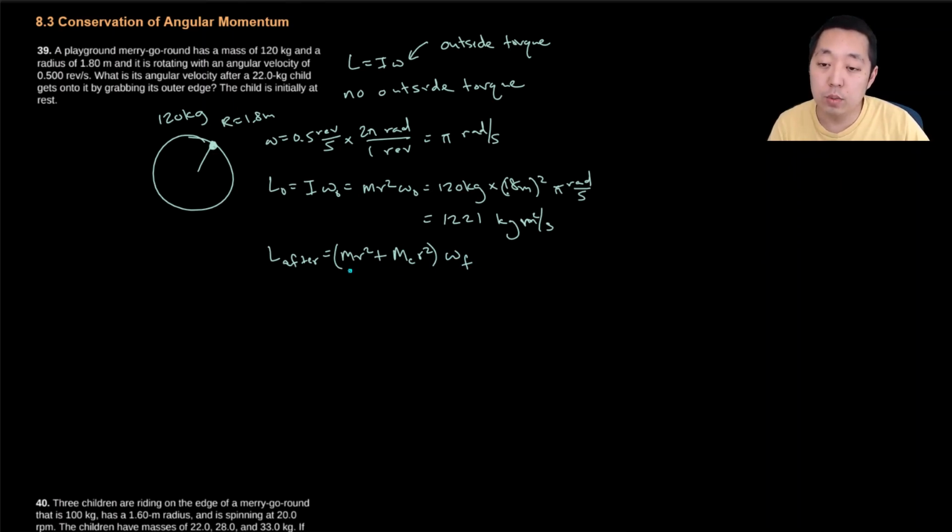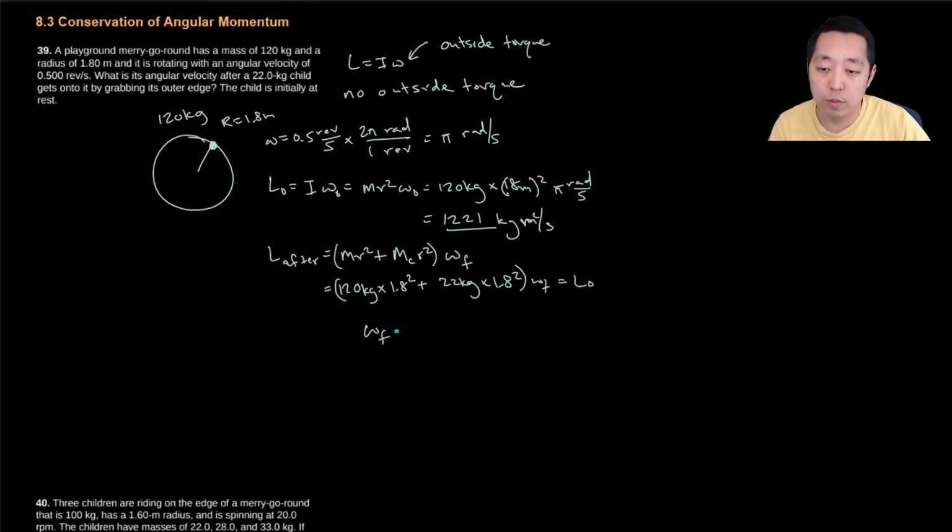So this is going to be 120 kilograms times 1.8 squared plus the mass of the child, which is 22 kilograms, times 1.8 squared, and all of that times omega f is going to equal, by conservation of angular momentum, this 1221.